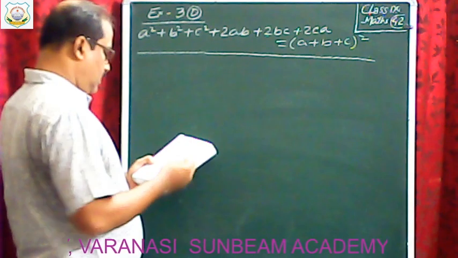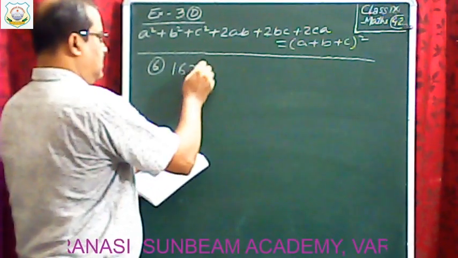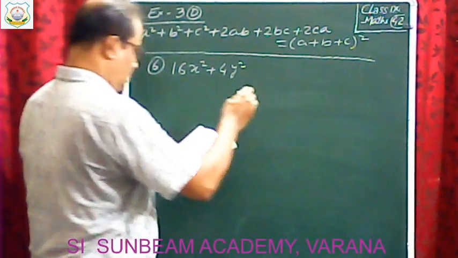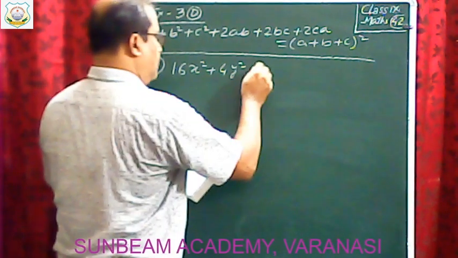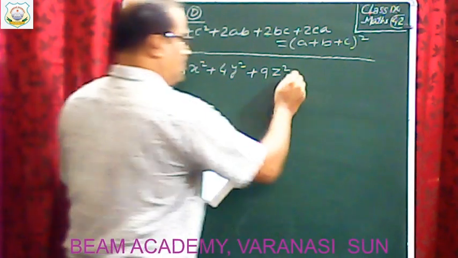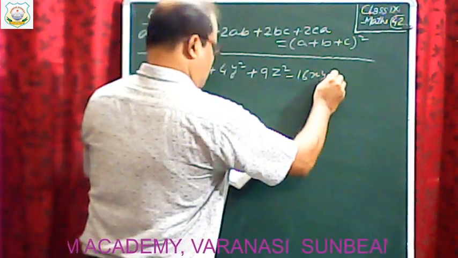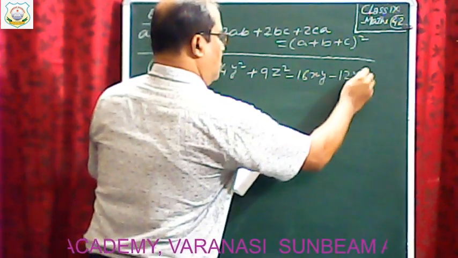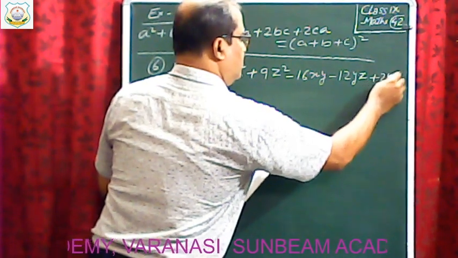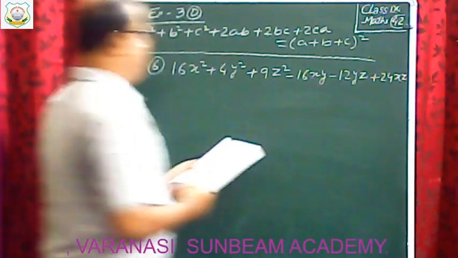Taking one of them, question number 6: 16x square plus 4y square plus 9z square minus 16xy minus 12yz plus 24xz. You have to factorize.